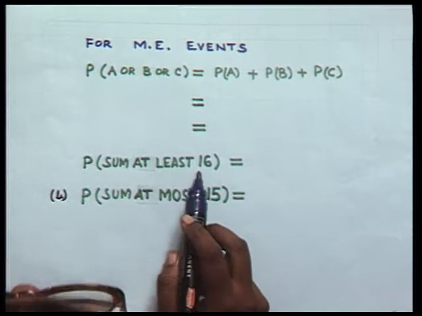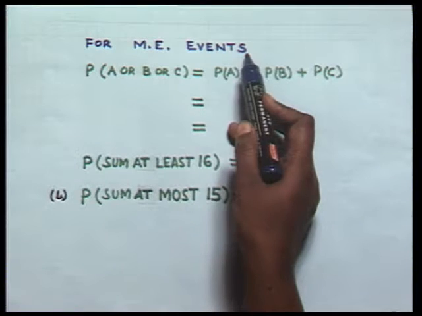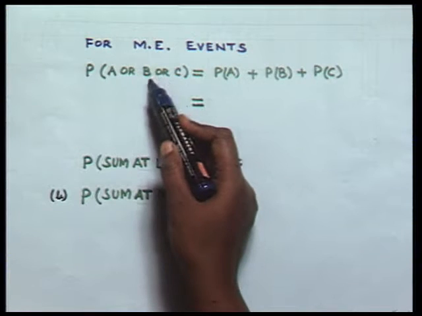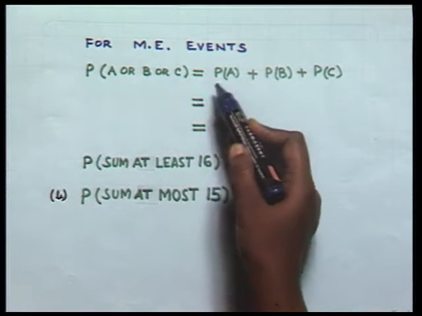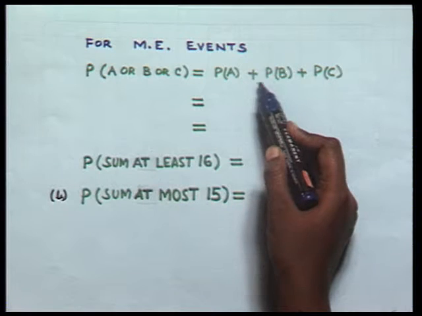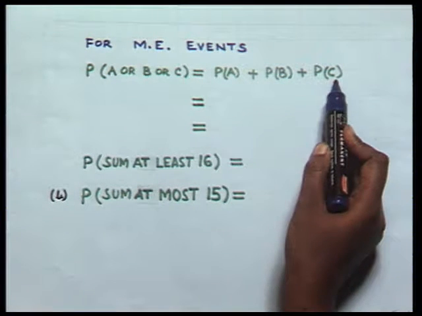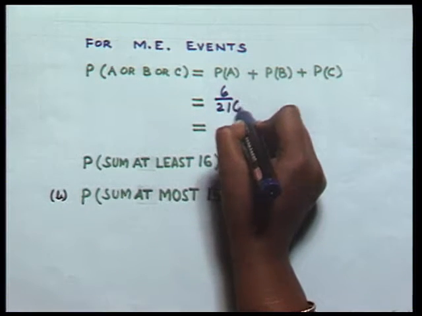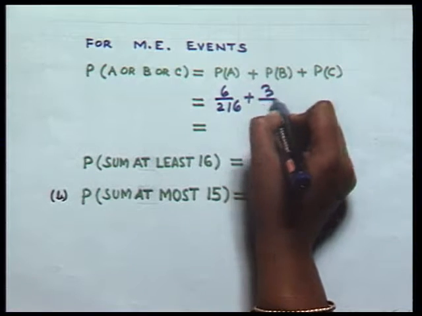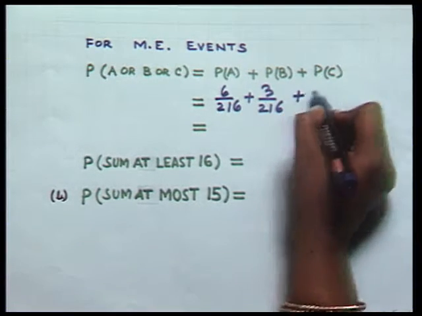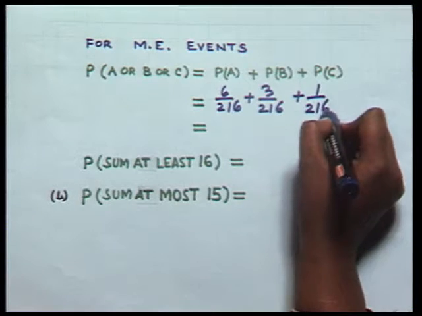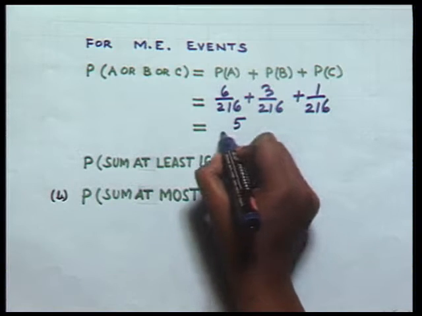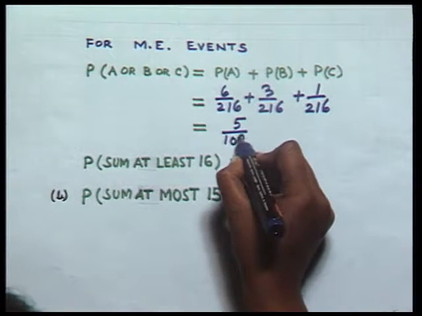Yes, they are, and therefore, for mutually exclusive events, we have already said that probability of event A or event B or event C is given by probability of event A plus probability of event B plus probability of event C. This is equal to 6 upon 216 plus 3 upon 216 plus 1 upon 216, which is equal to 5 upon 108.